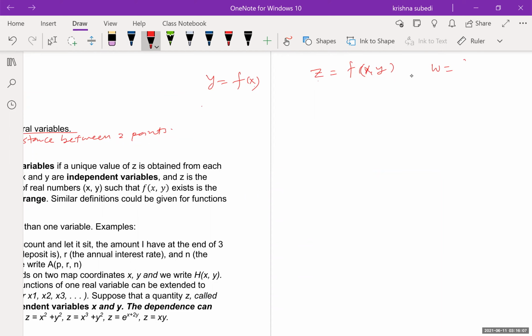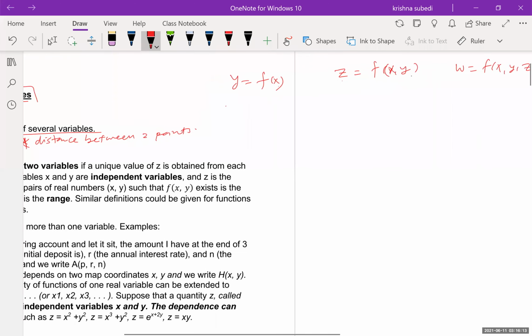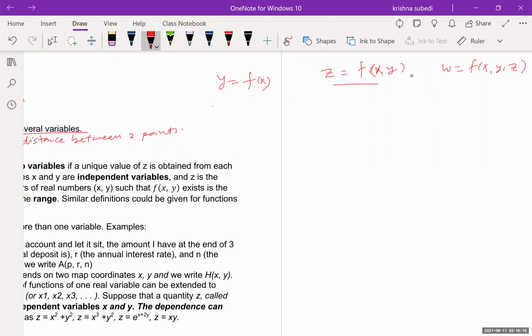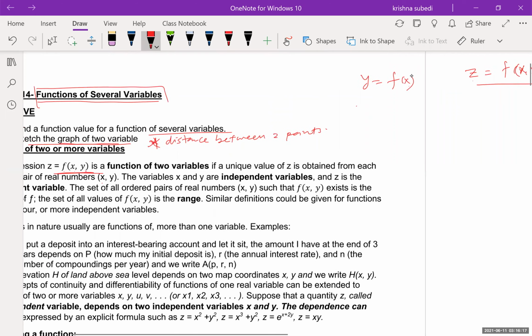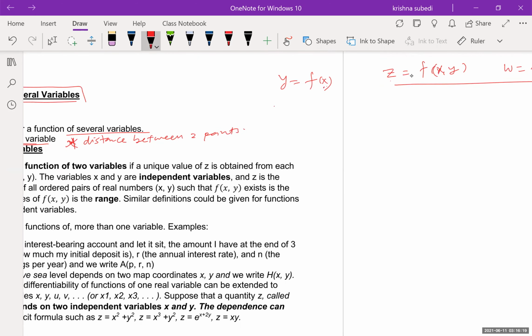Let's say w is the function of x, y, and z, something like that. So that kind of function, function of two or more variables we'll be talking about. So for each x, you will get y here. In this case, for each x and y, you will get z, a unique z value.